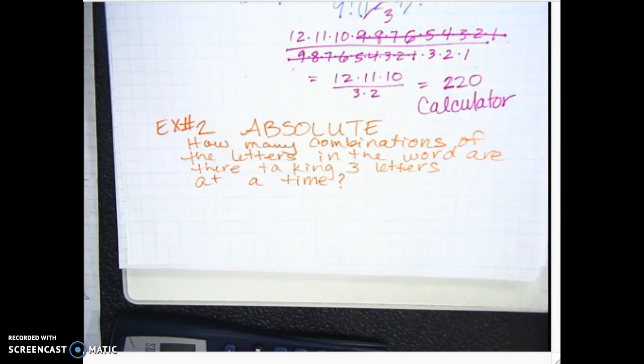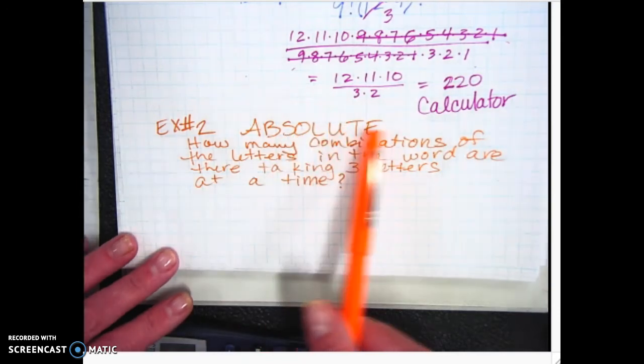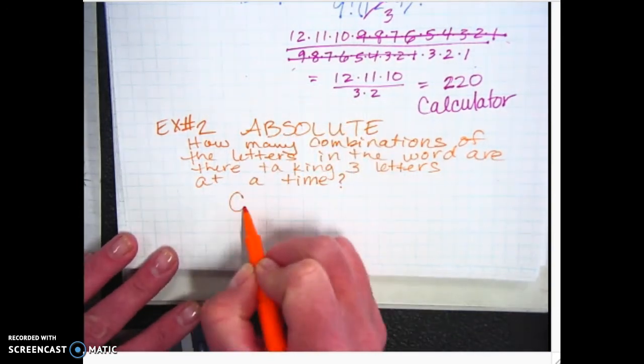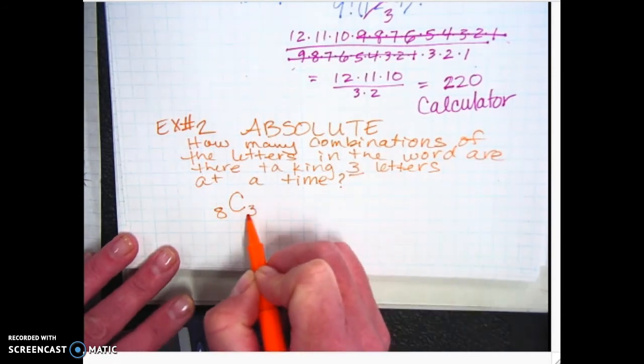First, you have to figure out how many letters are in absolute. So count them up: 1, 2, 3, 4, 5, 6, 7, 8. So you're going to do 8 choose 3, since they want 3 letters at a time.